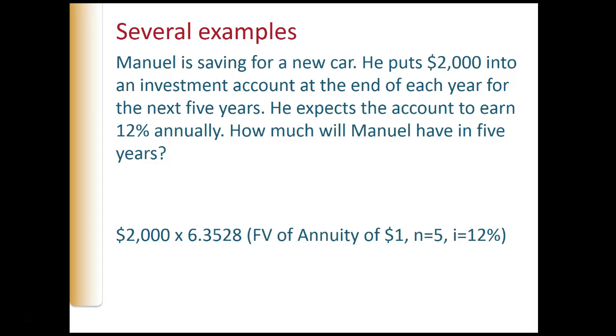So, in order to do this, the future value of an annuity, Table 3, we would go to the table where n equals 5, interest equals 12, and we would find the factor of 6.3528. And that would give us $12,706 is how much Manuel will have at the end of 5 years.